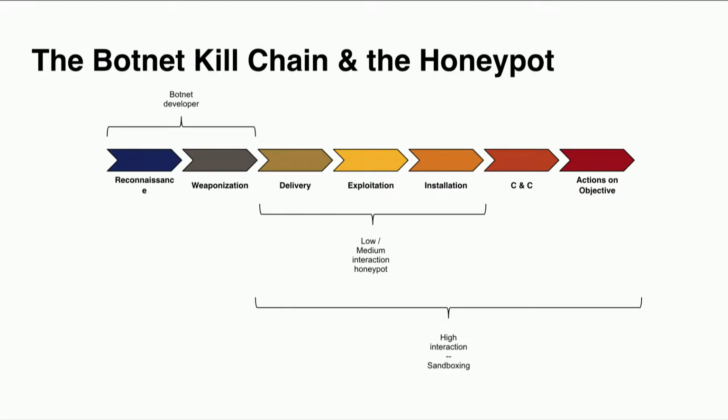It used to be denial of service attacks against PlayStation if it was Christmas, like all kinds of ridiculous activities that refrigerators shouldn't be doing no matter what, instructed by whoever has designed or is in current command of the botnet. So the delivery, exploitation, and installation phases of this kill chain are when the botnet developer is trying to spread the bot to external systems, get it installed on those systems, and get it to be persistent on those systems.